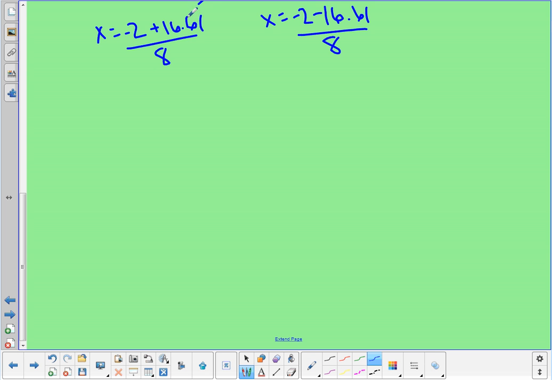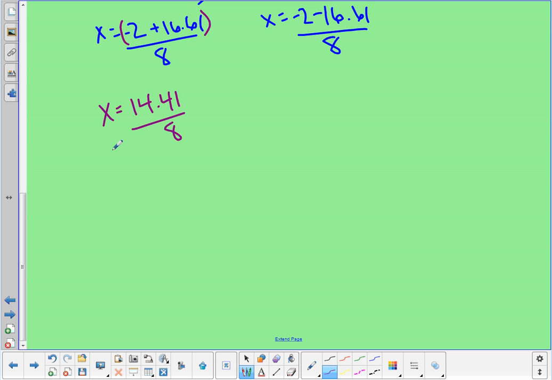Your calculator is going to do 16.61 divided by 8 first and then add the negative 2. That's not what you want. You need to do this part first, or at the very least put the top in parentheses. So negative 2 plus 16.61 is 14.41 divided by 8.